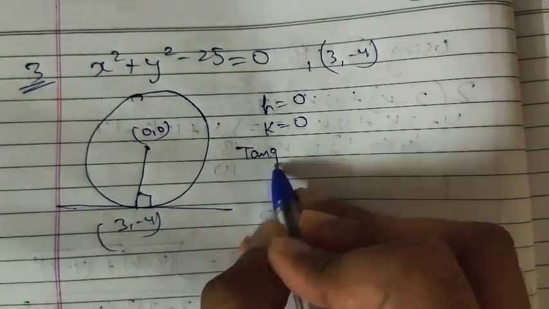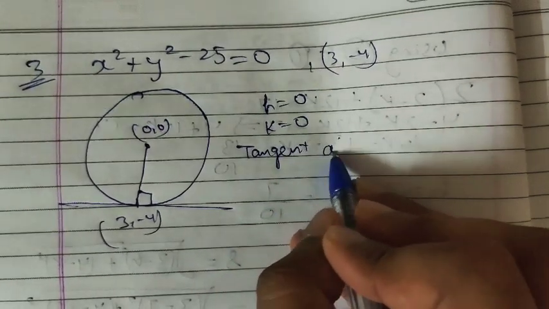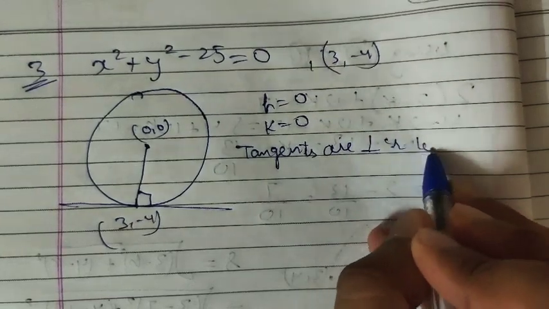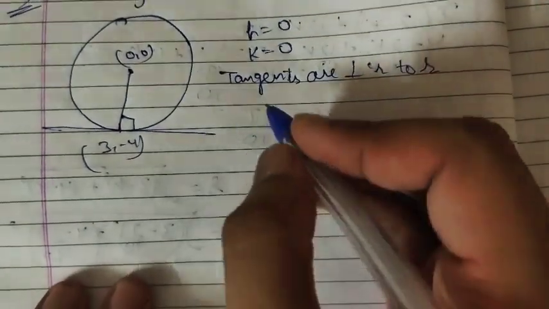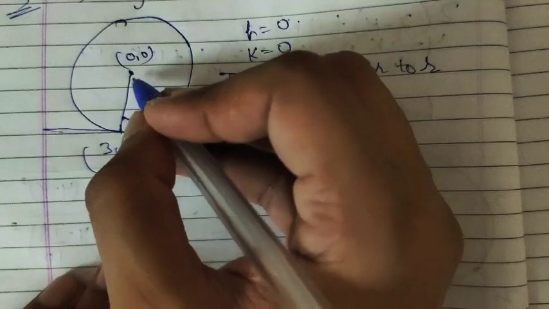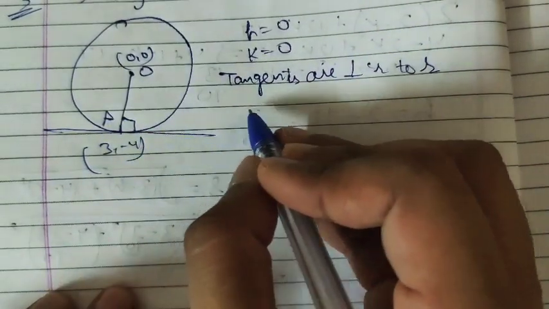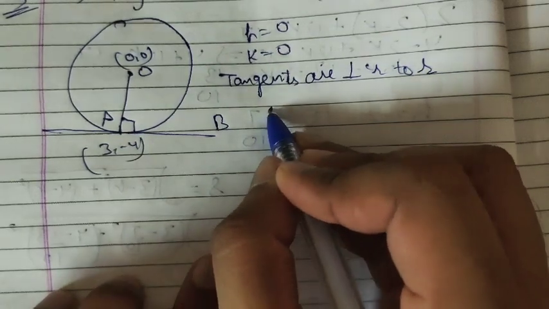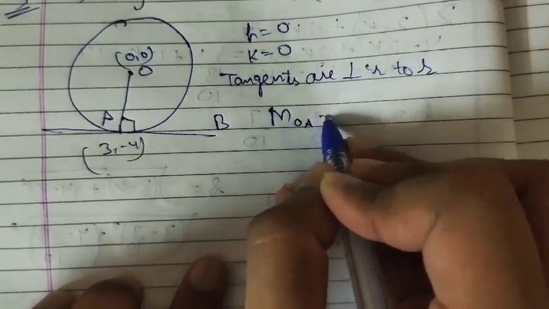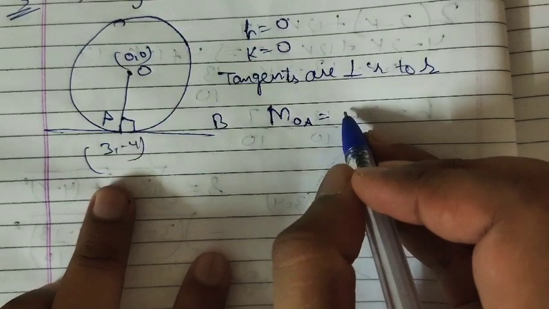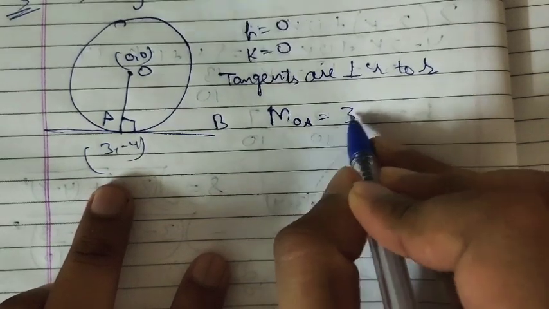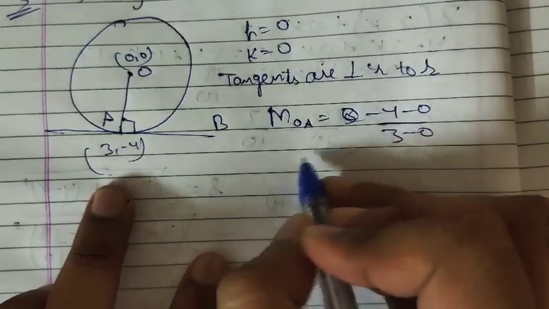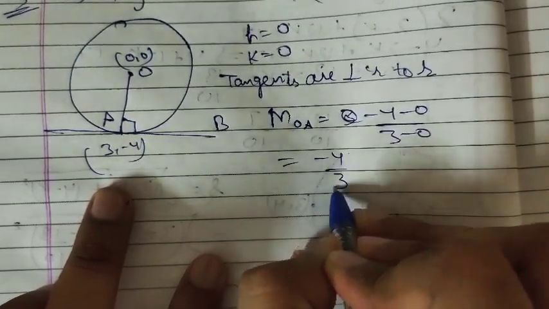We know that tangents are perpendicular to radius. So let this be O, this be A, and this be B, right? So slope of OA is equal to y2 minus y1 upon x2 minus x1, which is minus 4 upon 3 minus 0, which is minus 4 by 3.